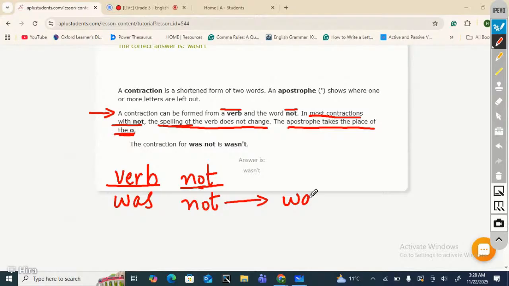Its contraction is wasn't. Now, no gap between the words because we are writing a contraction. There are no more two words. This is the spelling of the verb was, no change in it, but in the spelling of the word not, the letter o is left out, and in its place we have used an apostrophe. The apostrophe shows here one letter is left out. Was not becomes wasn't.